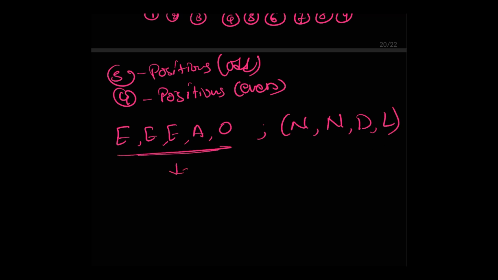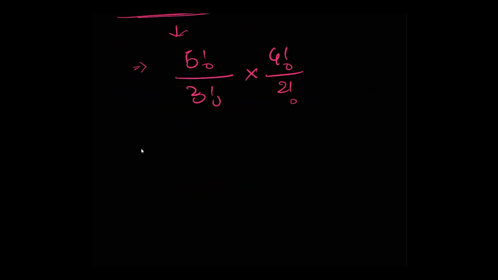Now we have to arrange these 5 in odd positions. Therefore, the value will be 5 factorial by 3 factorial, into, and we have to arrange the rest in the remaining positions, that will be 4 factorial by 2 factorial. Therefore, the number of ways in which this is possible will be 5 factorial into 2.